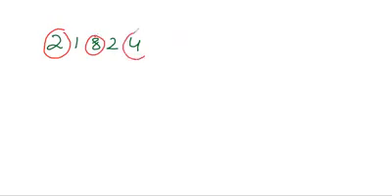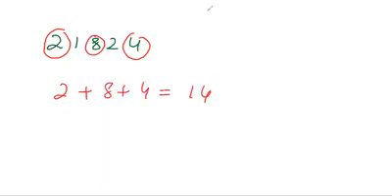If we have 21824, what is the first step? Numbers at odd places: 1, 2, and 3 are the odd places. So you add the numbers at odd places and you get 14. Now, numbers at even places, 1 and 2, you get 3.